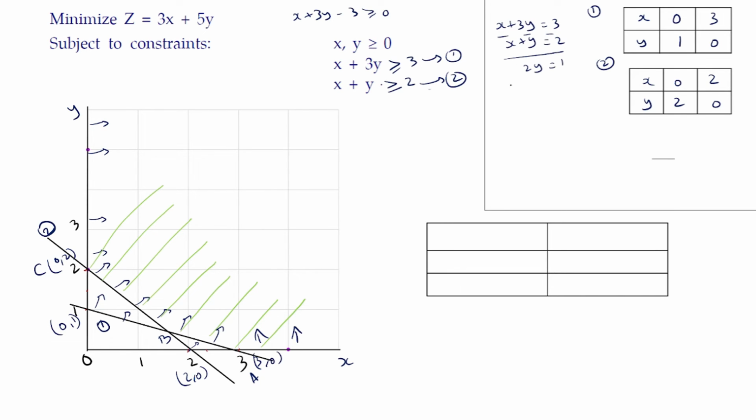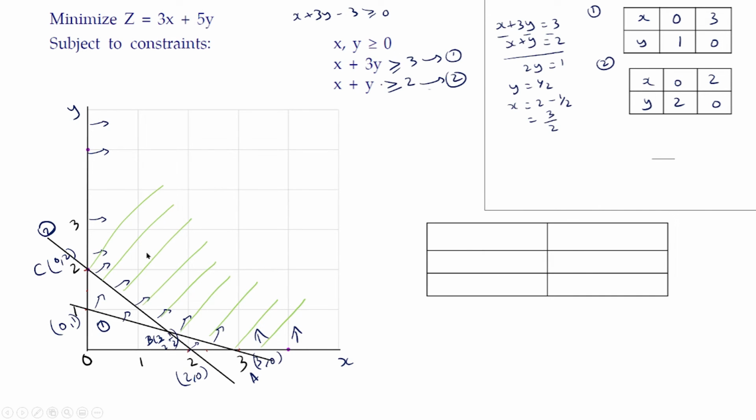So we have 2y equal to 1 or y is equal to half. x is equal to 2 minus half, so it is 3 by 2. So the coordinates for B is 3 by 2 comma half. So B is (3/2, 1/2).